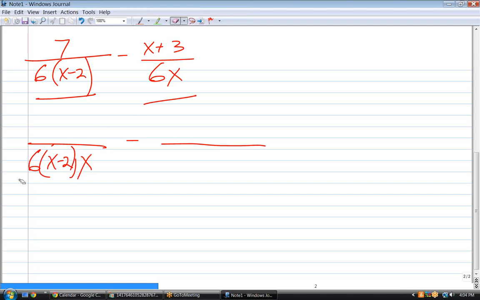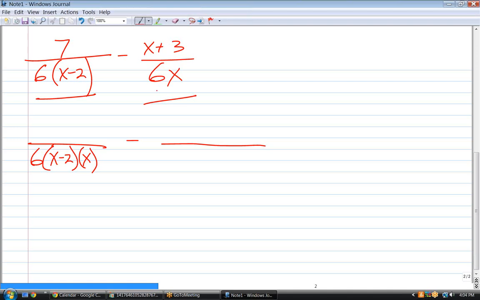Hold on, let me write it so you can read it. Now, why is this a least common denominator? Because this will divide into it x amount of times, which is an even number, x.